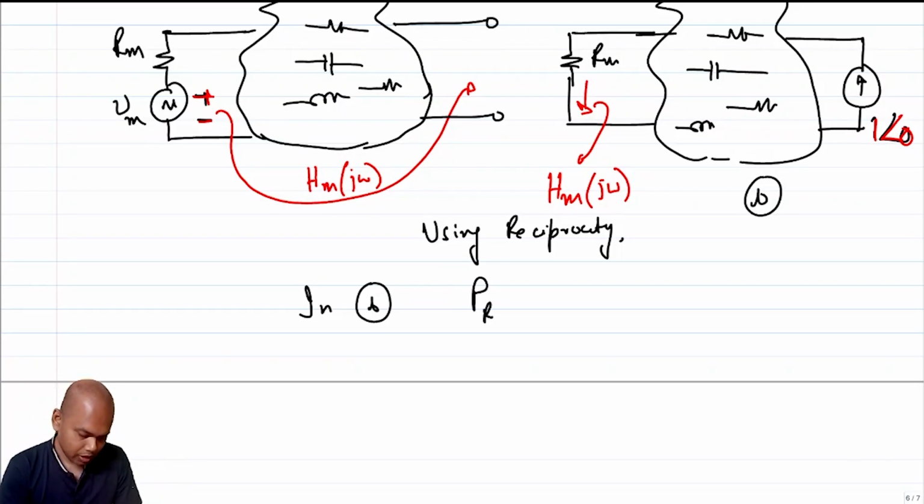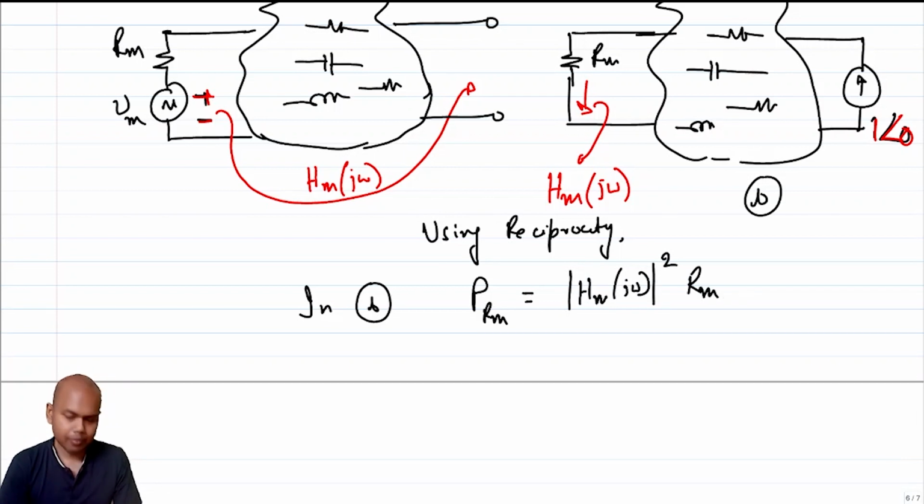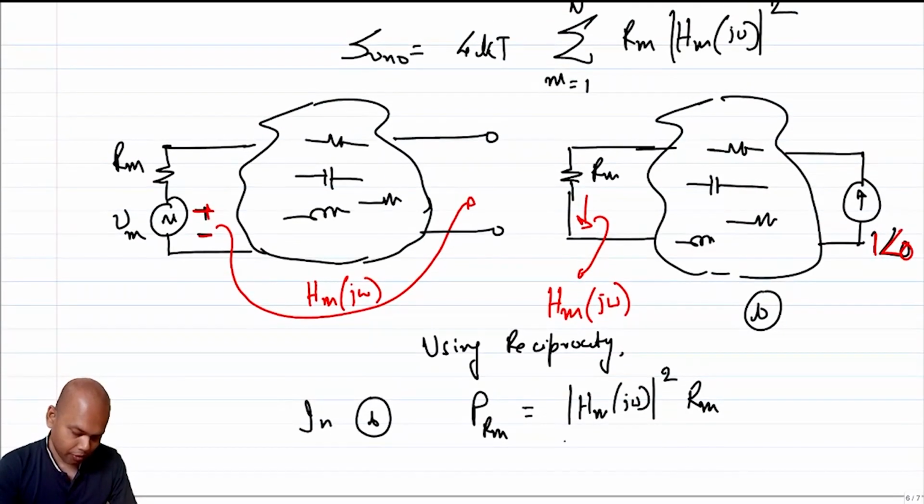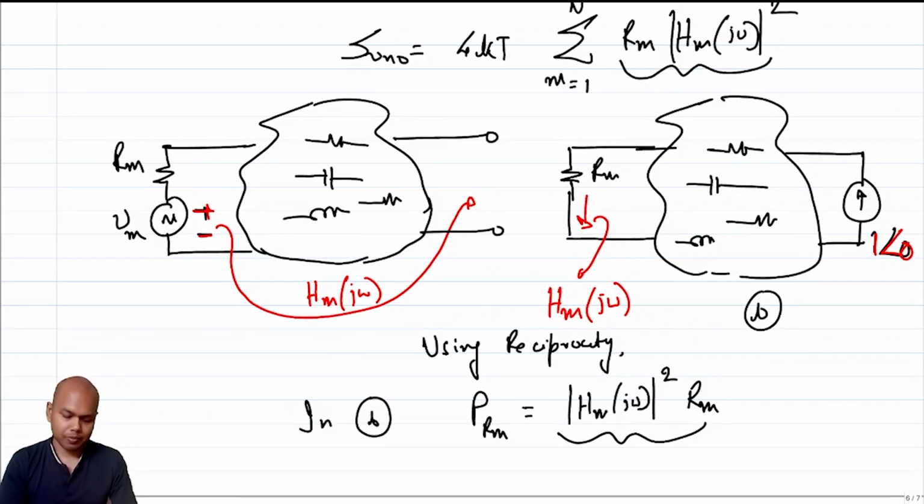So P Rm is essentially I squared Rm, so essentially mod of Hm(jω) whole squared times Rm, right? So now I think we are going somewhere because this is of the same format as this on the top, correct?